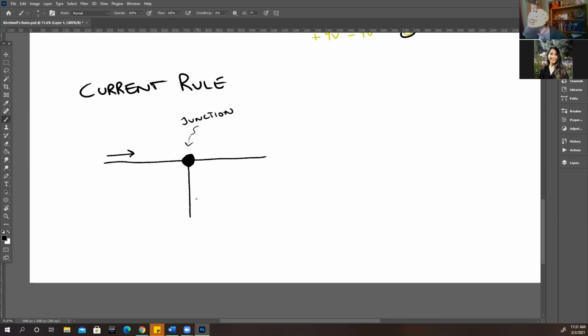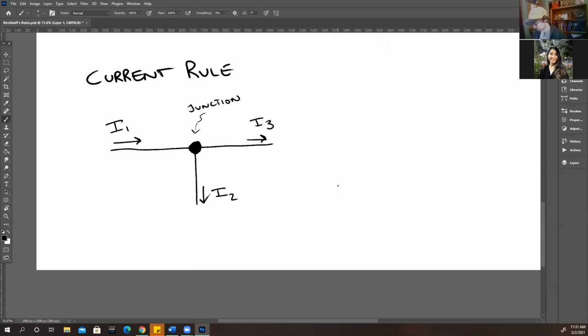So let me just make arrows like that and like that. And we can measure the current in these three positions: I1, call it I2, we'll call this I3.